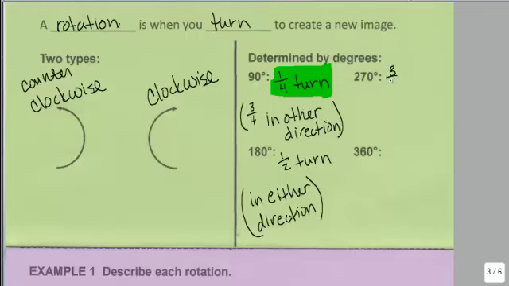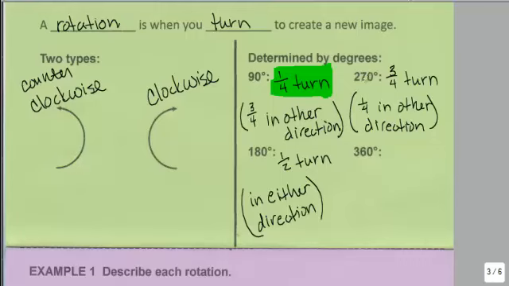270 is a 3/4 turn or a quarter turn in the other direction. So all this means is if I say turn 270 degrees clockwise, you really only have to do a quarter turn counterclockwise to get to the same points.